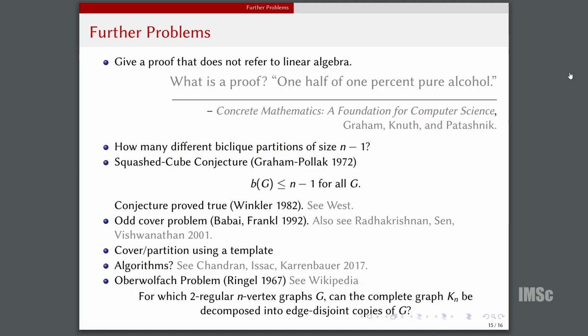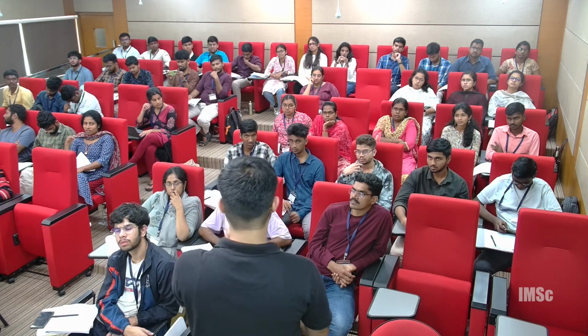There is this Oberwolfach problem. Wikipedia says this is an unsolved problem in mathematics, and here basically you want to partition the complete graph using only copies of a fixed graph G, not any biclique, and that fixed graph G is any two regular graph. What are two regular graphs? Every vertex has degree two. Yes, but what are the graphs?